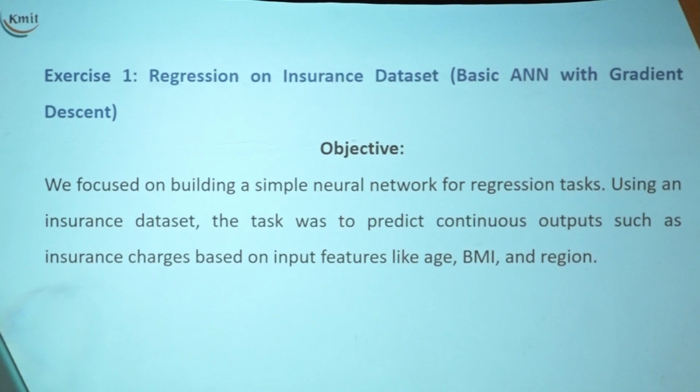Now let's quickly recap the three exercises which we have already done. What was our exercise 1? Build an ANN model that does regression on which data set? Insurance data set. We focused on building a simple neural network for regression tasks. So why did I choose regression for this insurance data set?